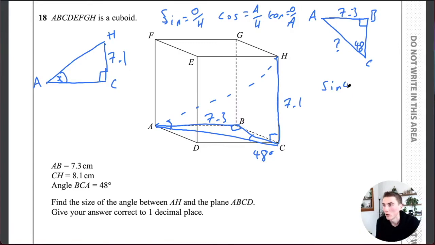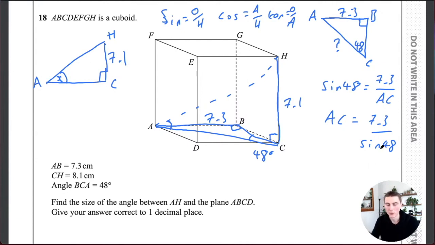We've got sine of 48 equals opposite, which is 7.3, over AC. I'll pop AC here. That's the hypotenuse. So to get AC by itself, I'm going to rearrange. I'm going to basically swap these two around.